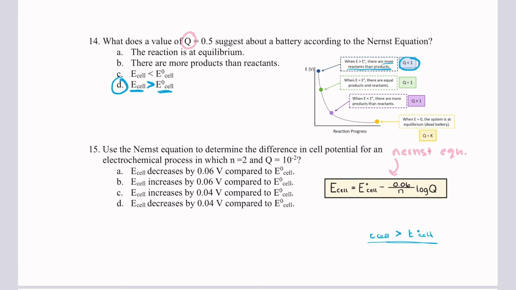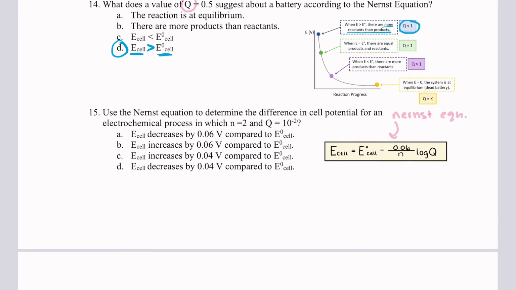Problem 15 says, use the Nernst equation to determine the difference in cell potential for an electrochemical process in which N equals 2 and Q equals 10 to the minus 2.